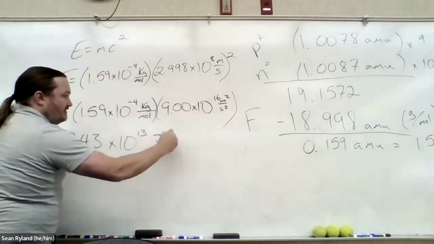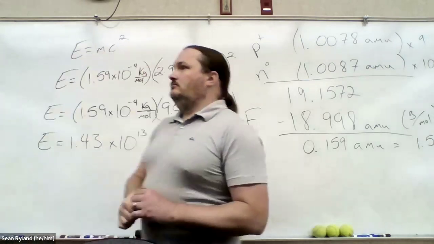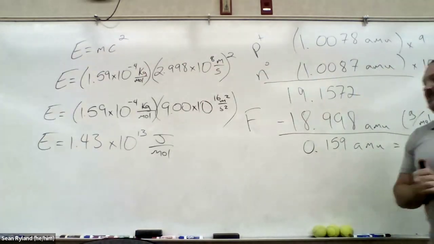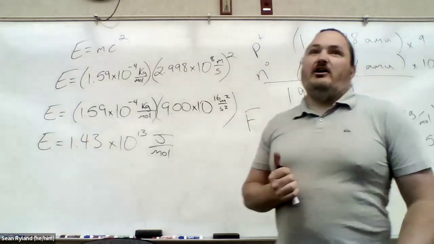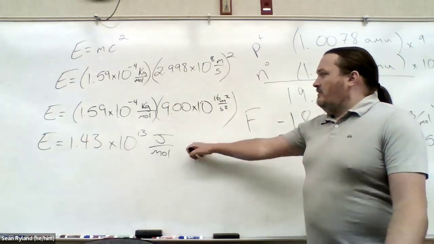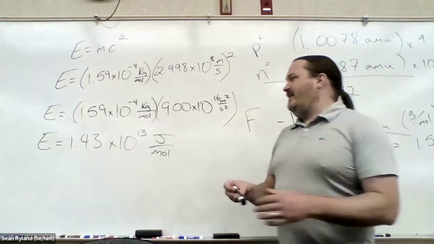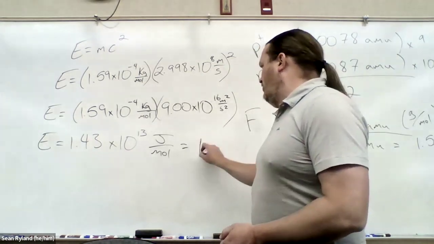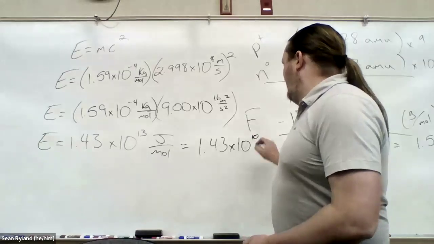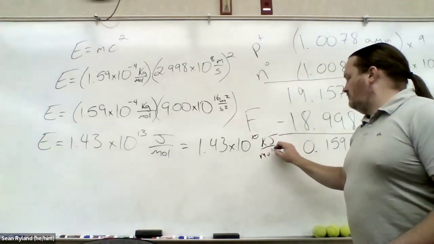So that's just joules per mole. Okay, but 10 to the 13 joules seems like a big number, but we need context, right? So since we usually do reactions in terms of kilojoules per mole, we could divide by 1,000, put it in kilojoules per mole. 10 to the 10 kilojoules per mole.